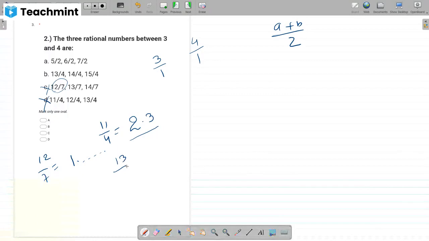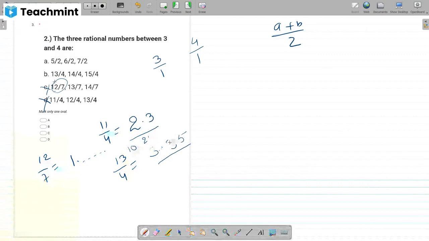So when you divide this 13 by 4, 4 3s are 12. Okay, then 1 carry. So when you put a decimal, you will get 10 here. Now 4 2s are 8. 2 will remain as a remainder, and then 4 5s are 20.